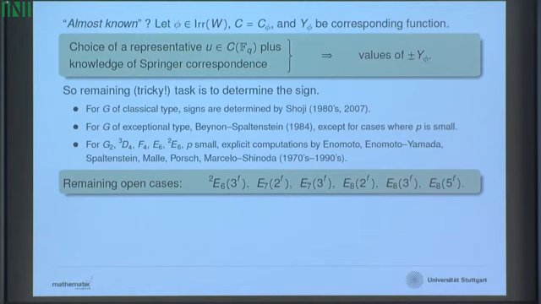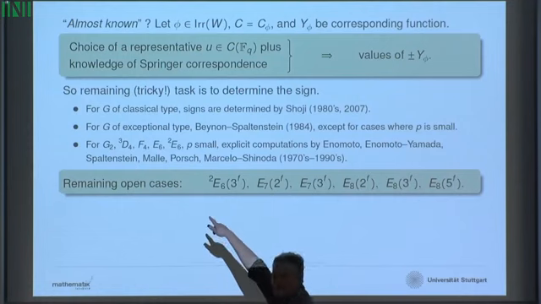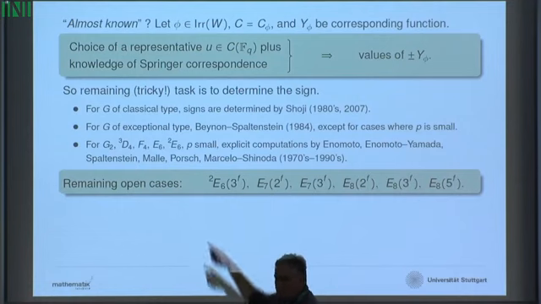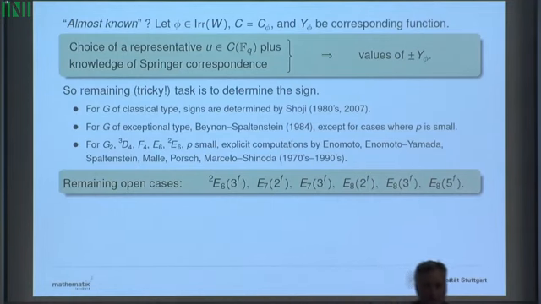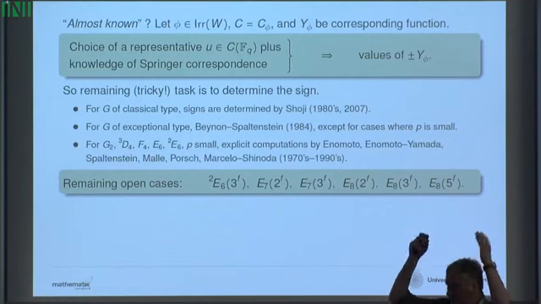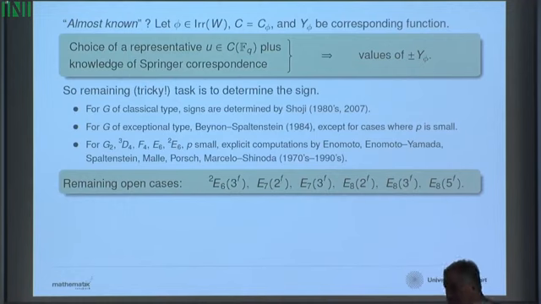Now, how to deal with these cases? So how did, for example, Malle work out Green functions for E6 and F4 in characteristic 2? Well, he explicitly used an inductive approach. You try to get as much information about character tables of large parabolic subgroups. You induce, use all kinds of relations, and hope you get enough relations up there, which determines in the end everything. But for this, you have to induce class functions from parabolic subgroups to the whole group.